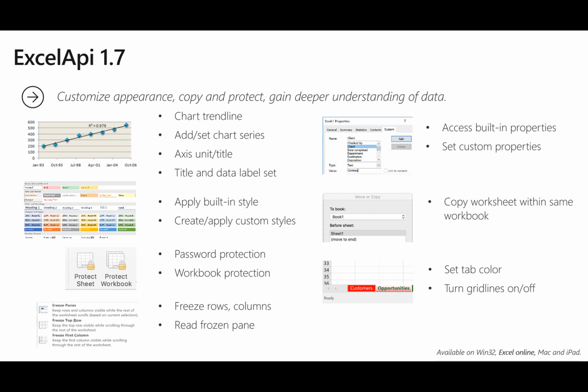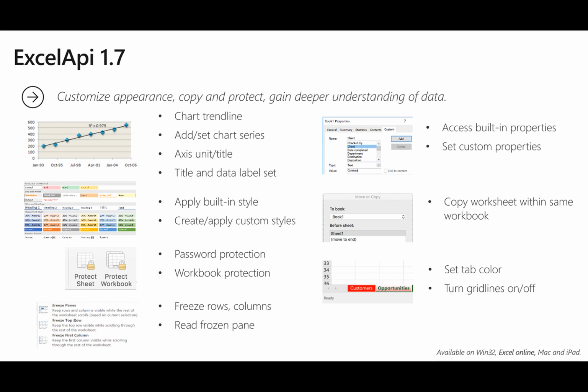Of course, we are providing a super important aspect for Office development, which is styles. So now you have access to built-in styles. But not only that, you can also create and apply new custom styles. You can now password protect workbooks or sheets, providing capabilities for freezing panes by rows and columns. Another highly requested feature is custom properties.